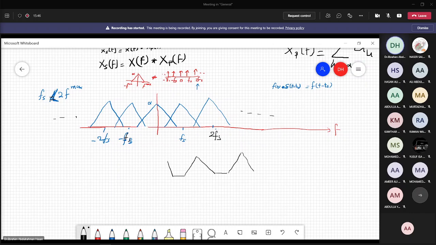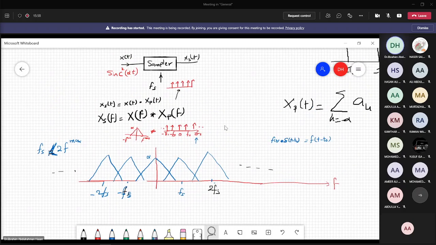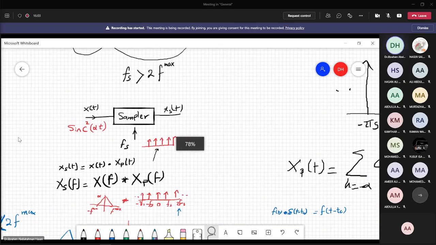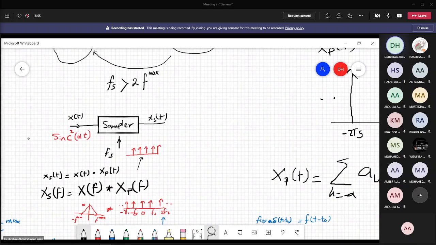If you add these two together, what is my goal? My goal is to get back x of t. So I'm going to connect a low pass filter here, then we'll get y of t, and y of t should be equal to x of t.